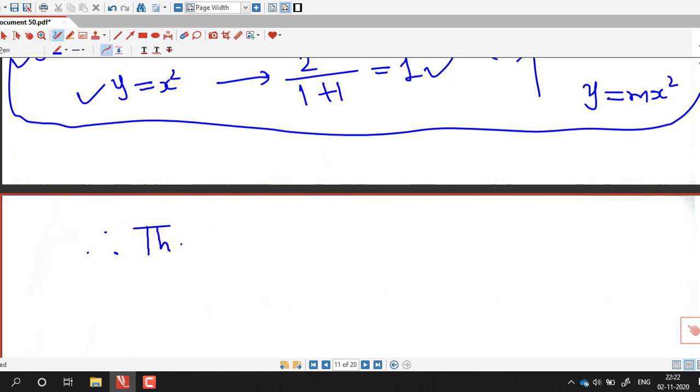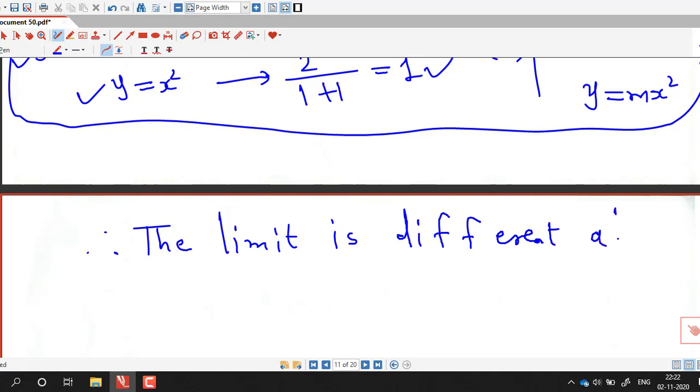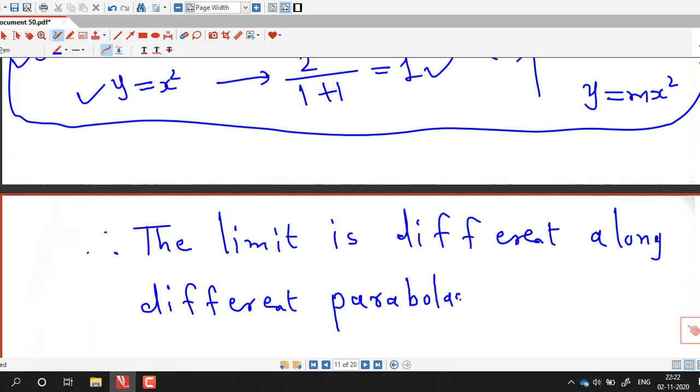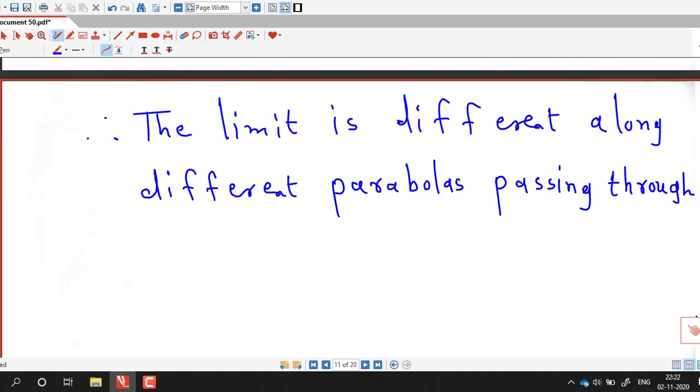Therefore we can write one more line. Therefore the limit is different along different parabolas passing through origin, or (0, 0), ordered pair (0, 0).